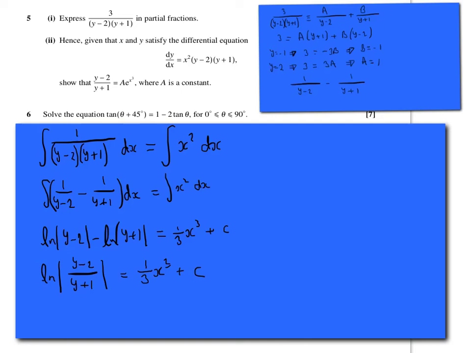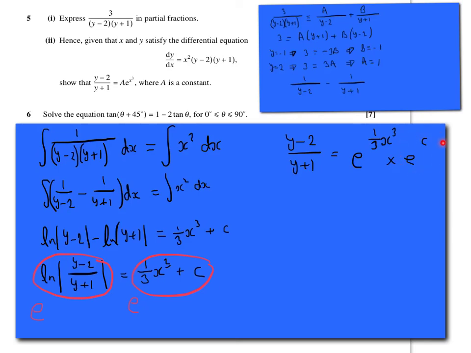If at this point we use base e, you may see, with e being the inverse of the natural log, this gives us, on the left hand side, (y minus 2) over (y plus 1) being equal to e to the power of a third x cubed, this time using rules of indices, times e to the power of c.